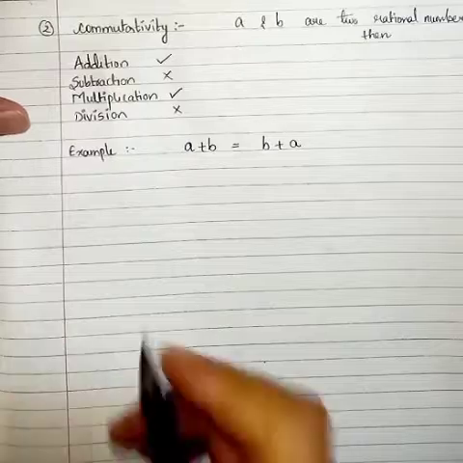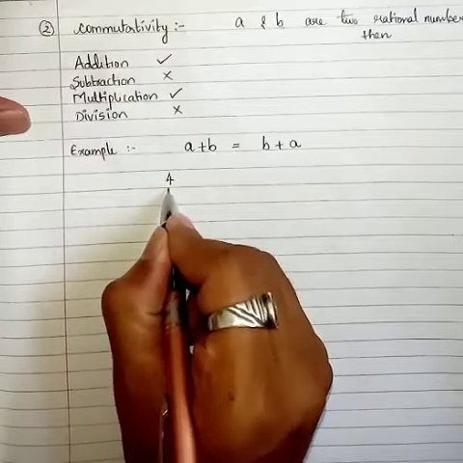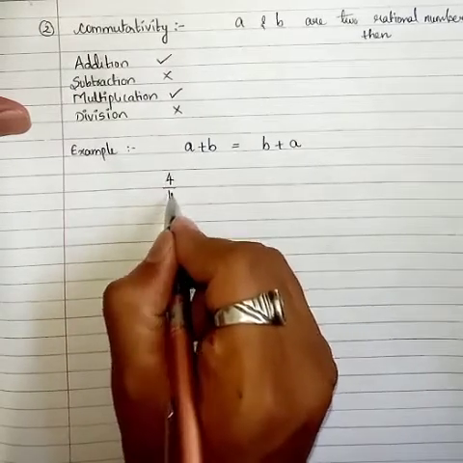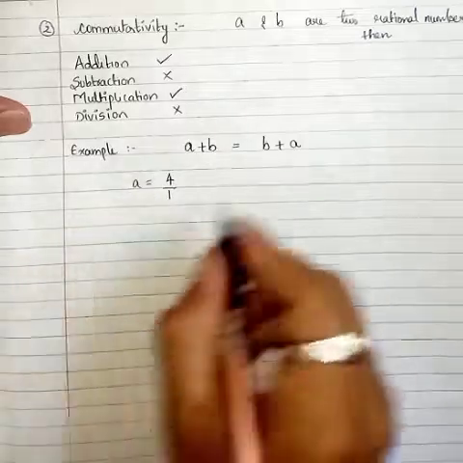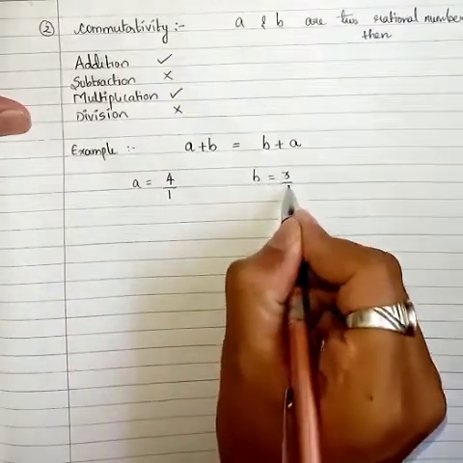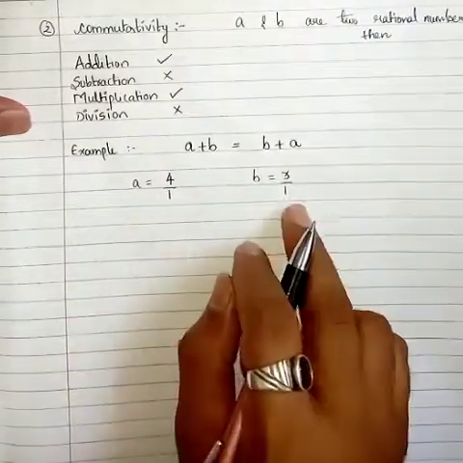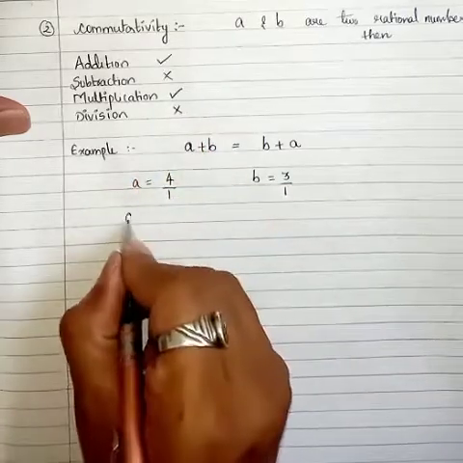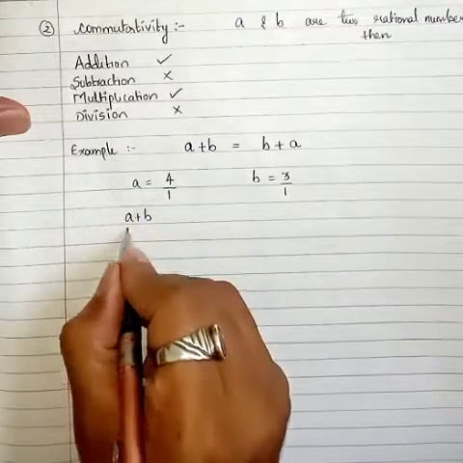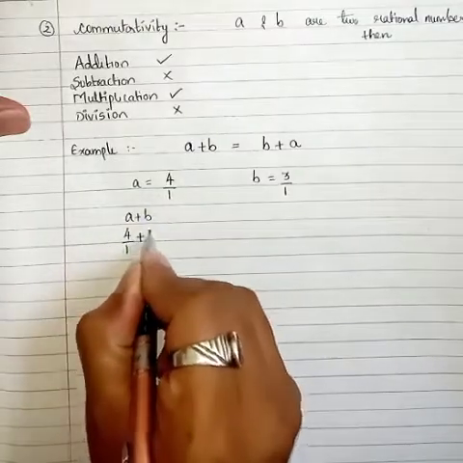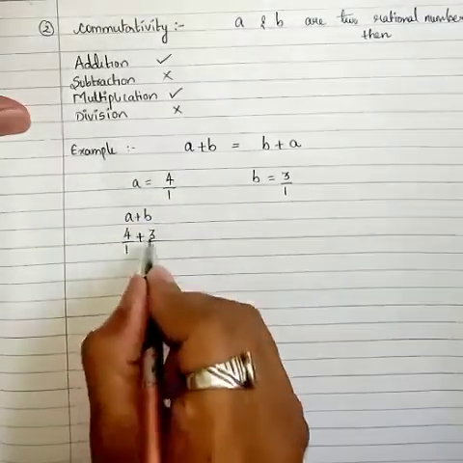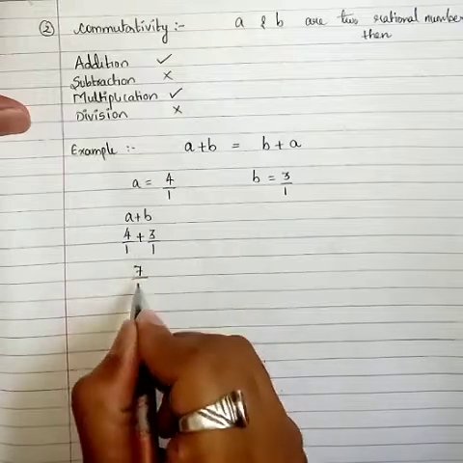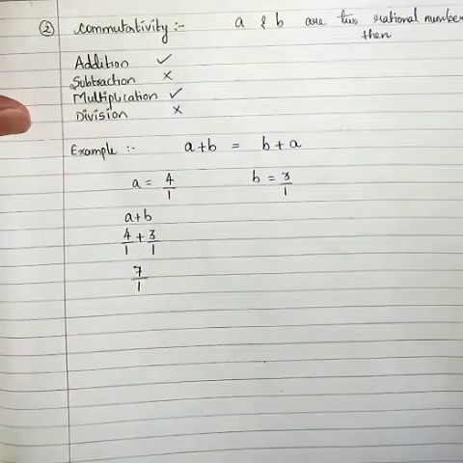So let us see this by an example, taking A value as 4 by 1 and B value as 3 by 1. These are my two rational numbers, right? I will first find A plus B. So 4 by 1 plus 3 by 1. 4 plus 3 is 7, and the denominator is the same, so it is 7 by 1.